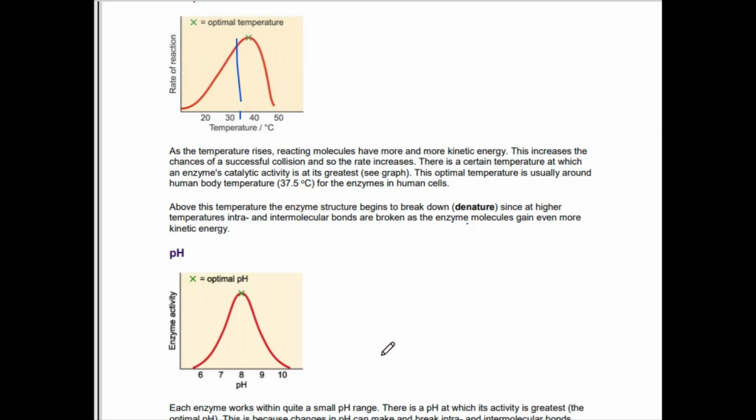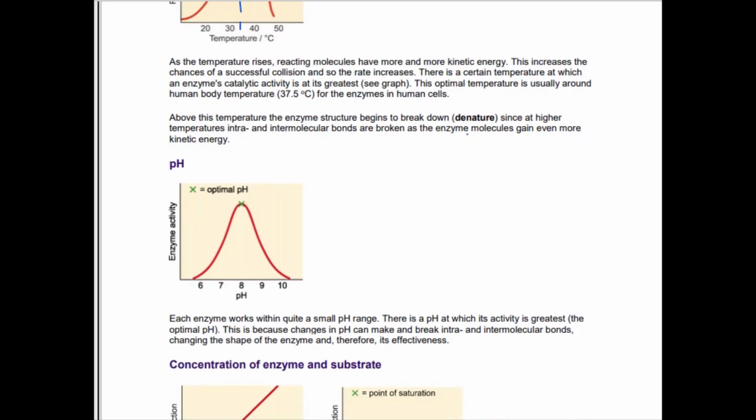Now let's look at how pH also affects the rate of a reaction. Enzymes are proteins and they are made of amino acids. They have carboxylic acid functional groups, they have amino functional groups. So temperature or pH tends to change the charges on the amino acids.